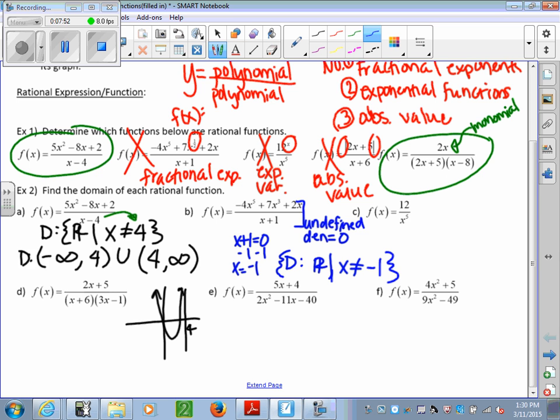Also, if I were to graph it, I would see that there's a vertical asymptote at x equals negative 1. But we'll get to that more on the next screen. So there's two things we can determine based on where our function is undefined. The first thing is we can find our domain. The second thing is we can find our vertical asymptote.